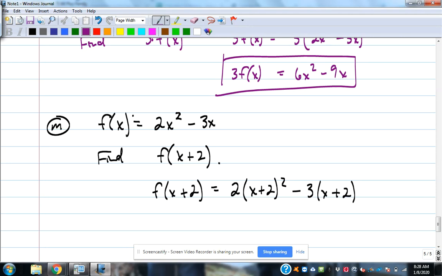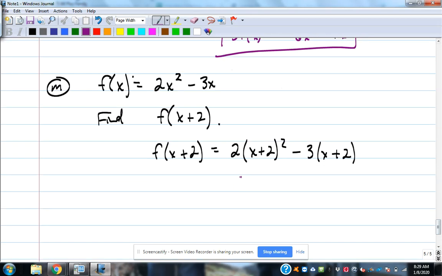Because when you square x plus 2, if you get x squared plus 4, you're wrong. What's it mean to square x plus 2? Yeah, you're multiplying out x plus 2 times x plus 2. And if you need to write that out, that's fine. I'm just going to go ahead and multiply this.